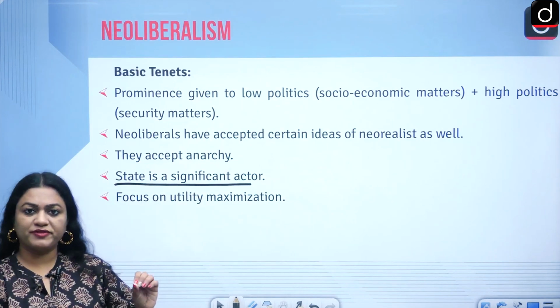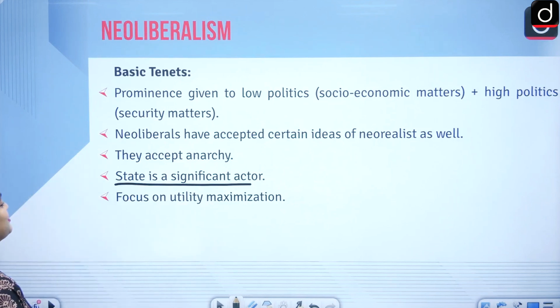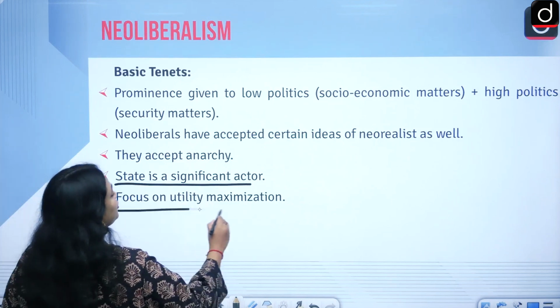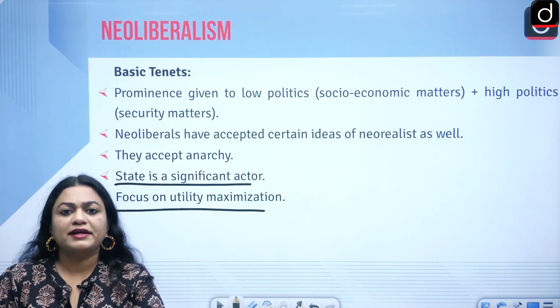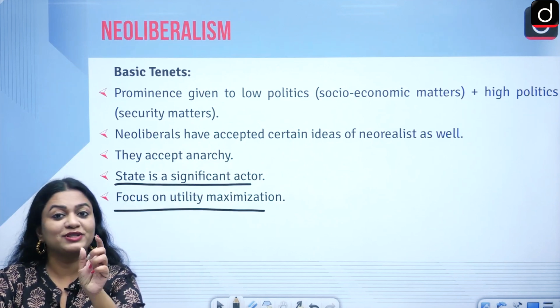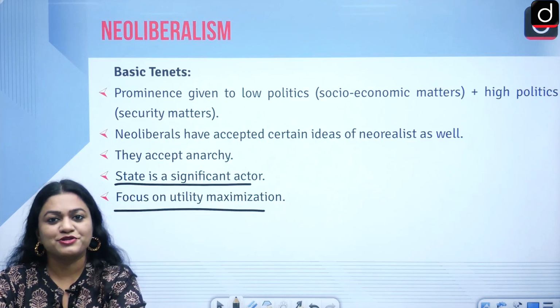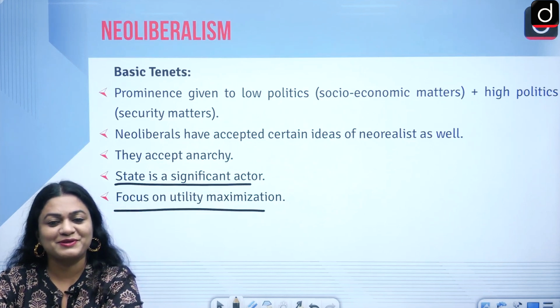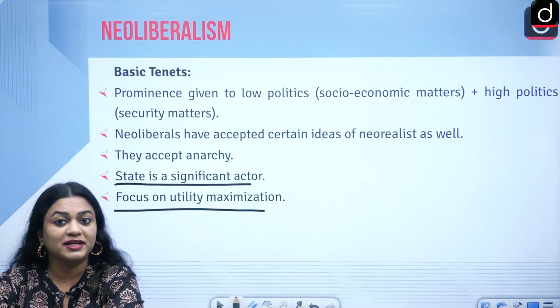Yes, the state is obviously an important actor, but we will understand more new things. They focus on utility maximization. They believe that if you cooperate, it is going to be beneficial for you. When the word utility comes to your mind, you should think of Jeremy Bentham and utilitarian principles also. Even cooperation is based on utility maximization.